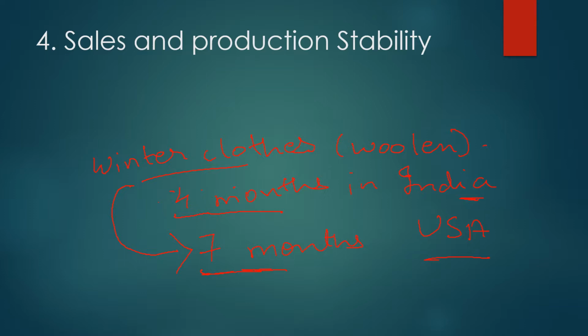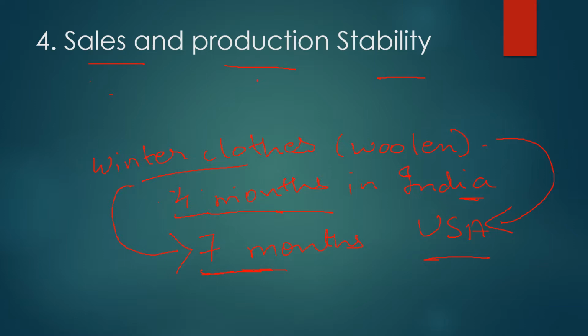But if they go into international marketing, they will be able to sell their products beyond 4 months, and this will lead to sales and production stability, because if sales are continuous, your production will also be continuous.